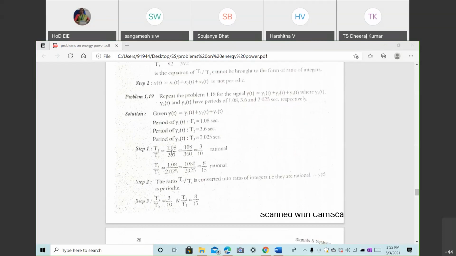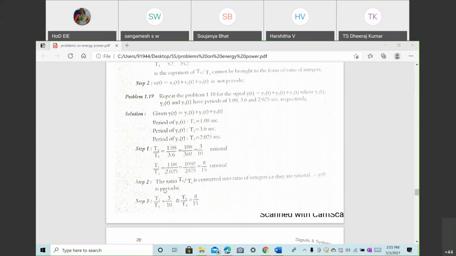First signal period, that is 1.08 given, divided by second signal period 3.6. With that we're going to get 3 by 10, that is a rational number. The next, T1 by T3, 1.08 it is given, T3 signal that is 2.025. 1080 divided by 2025 is 8 by 15. That is also a rational number.